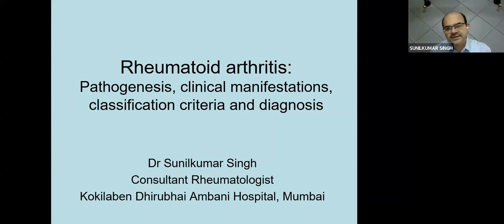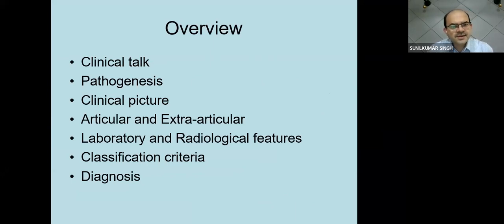The topic is the first session of rheumatoid arthritis, which is focusing on the pathogenesis, the clinical manifestations, the classification criteria, and diagnosis. I must say right at the beginning that this is a clinical talk, and it's not loaded with information, but it's loaded with a lot of clinical pictures.